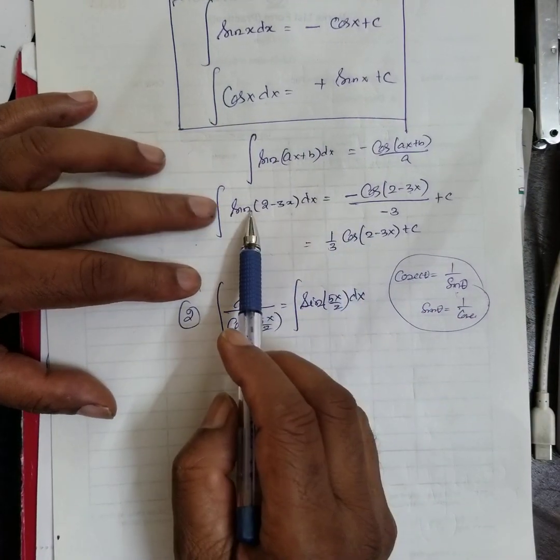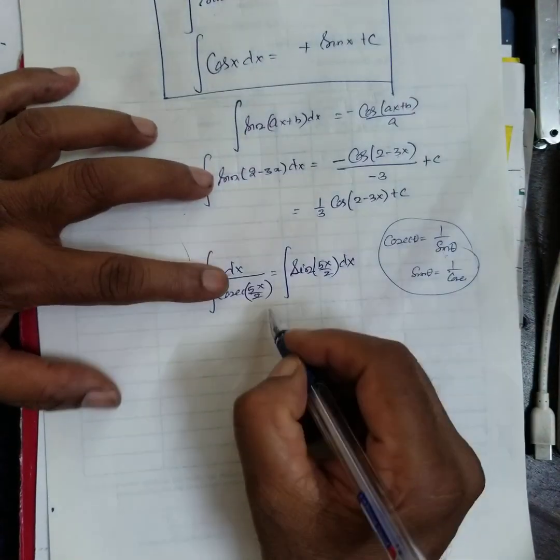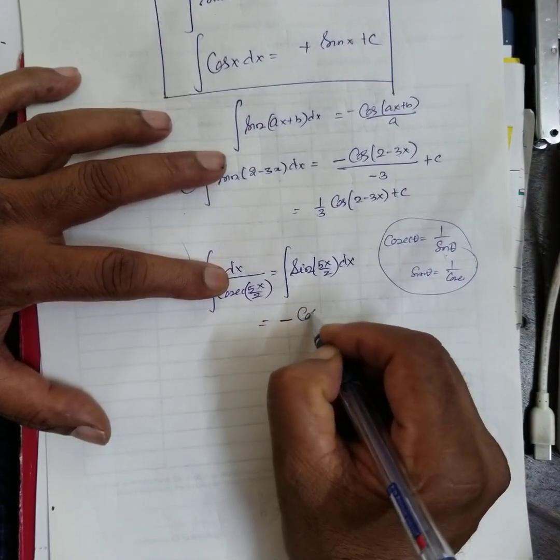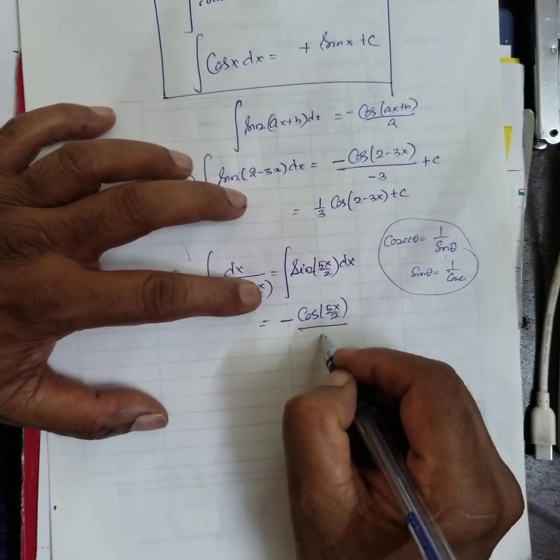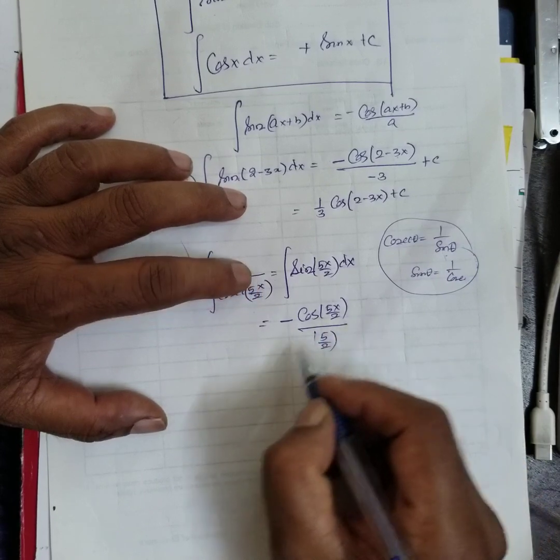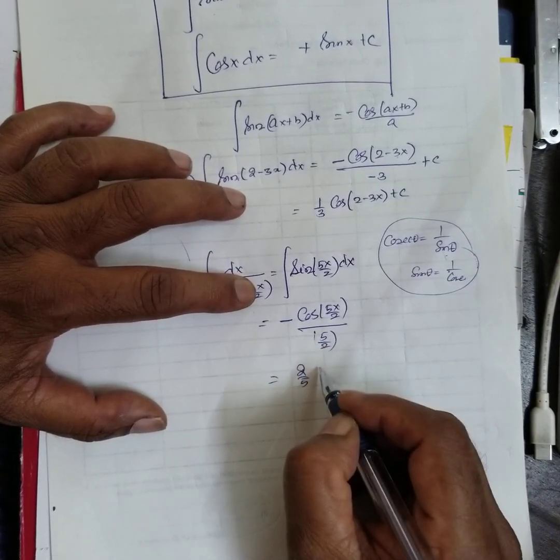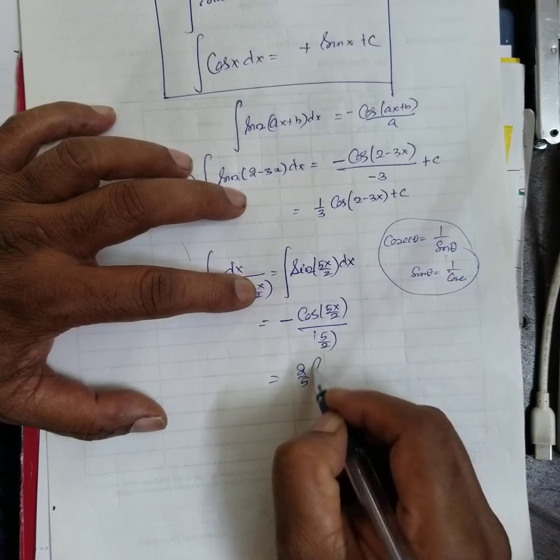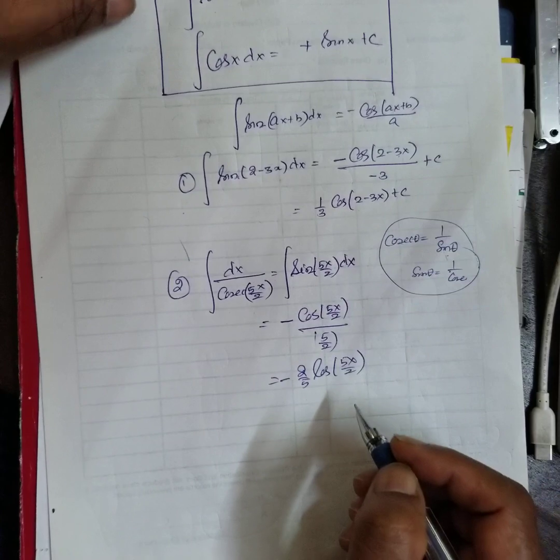Integration of sin is what? Minus cos. Therefore minus cos(5x by 2). Coefficient of x is what? 5 by 2. Therefore the answer for this is minus 2 by 5 cos(5x by 2).